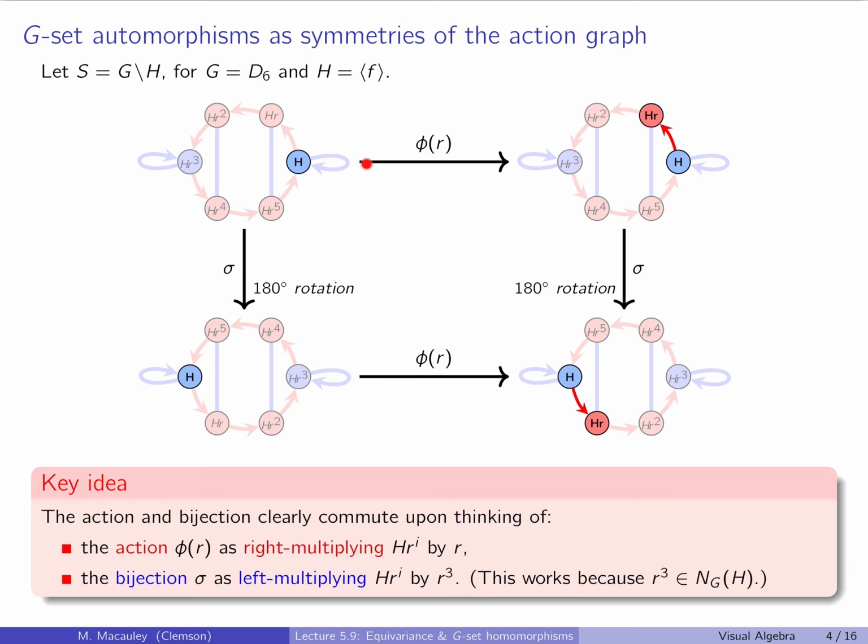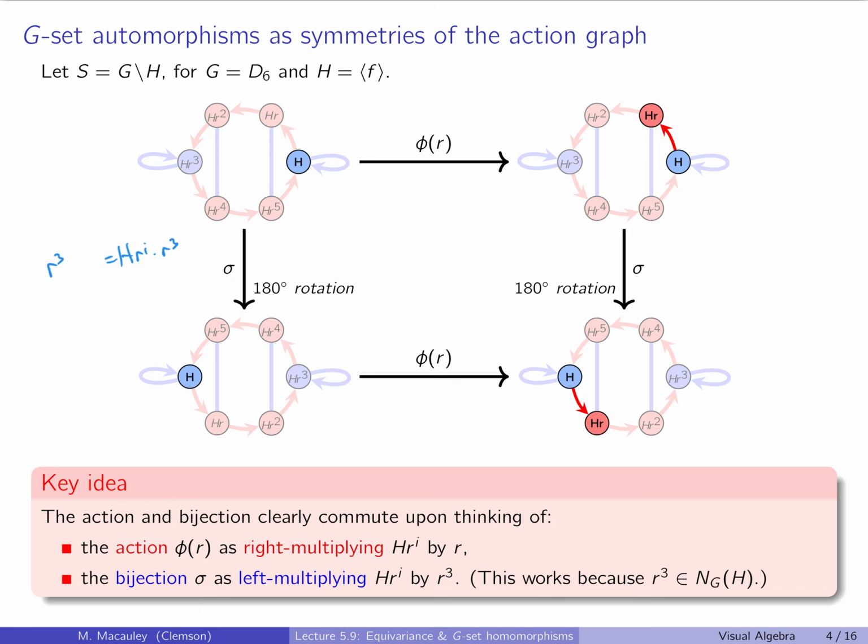First of all, this action, or just pressing the R button, right multiplies every coset by R. And this bijection, sigma, the 180 rotation, right multiplies every coset by R cubed. However, because R cubed is in the normalizer, right multiplying these two cosets by R cubed, so H R to the I times R cubed, is equal to left multiplying by it.